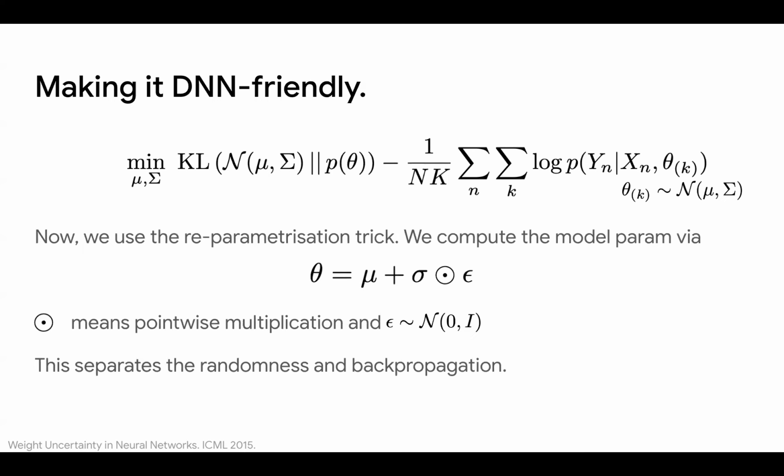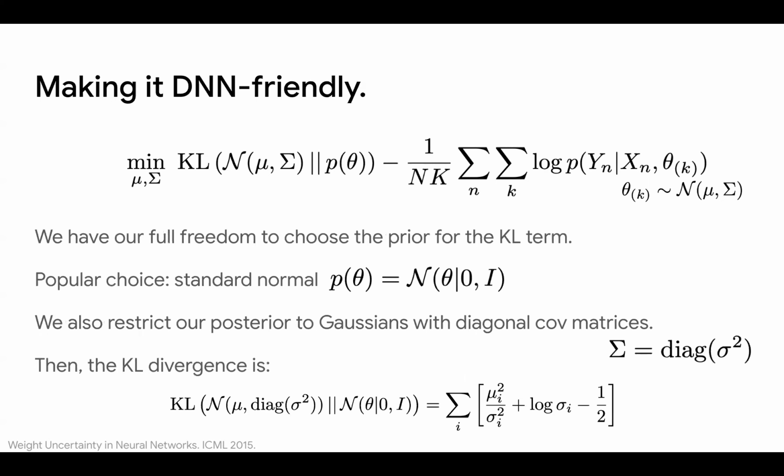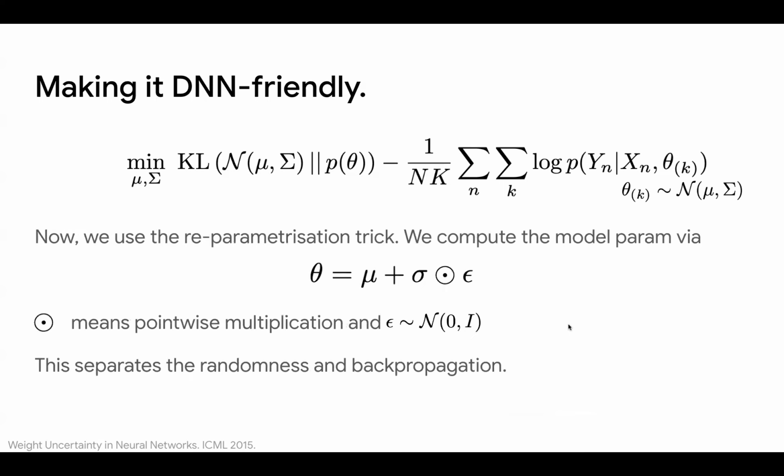Okay, but before that, I'm going to talk about how to make this deep learning friendly first. The first term is just a differentiable loss function for mu and sigma, so this is DNN friendly. But the second term is not exactly DNN friendly yet, because there are two parameters, mu and sigma, that we wish to train, but the loss function is not depending on mu and sigma in a straightforward way.